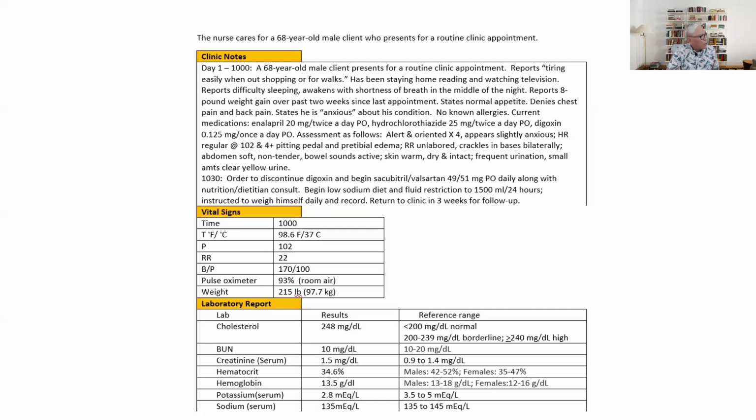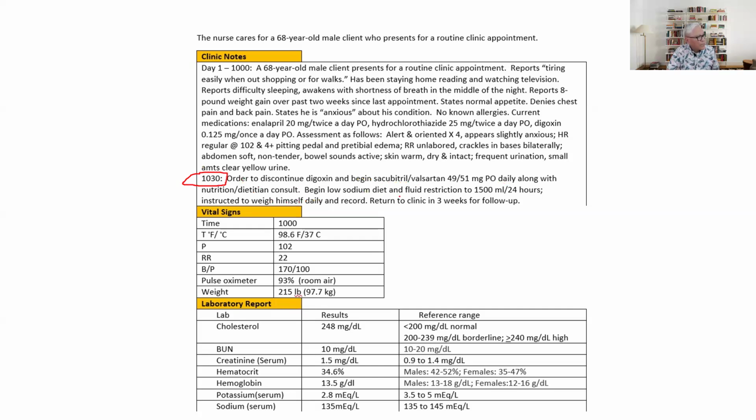All right. So now we have an entry at 10:30 a.m. The order is to discontinue digoxin and begin sacubitril valsartan daily along with a nutrition consult.